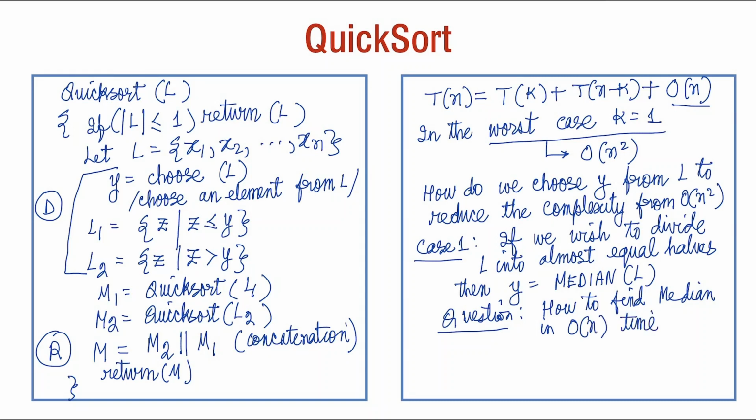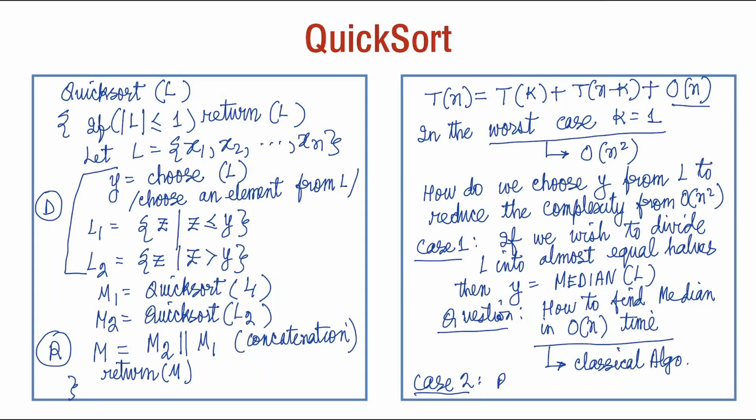And this is a very classical algorithm of the divide and conquer nature, which we will do in a subsequent class. Case 2: if we cannot find that, is there a fast way of doing it?